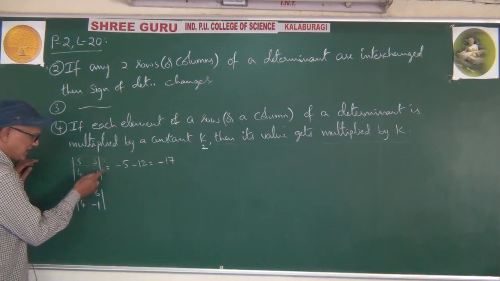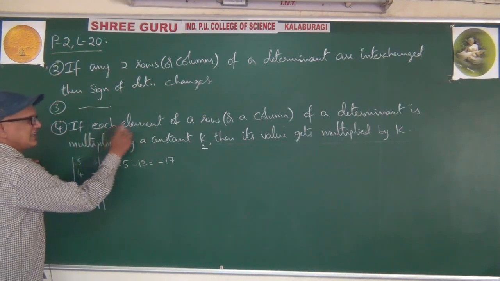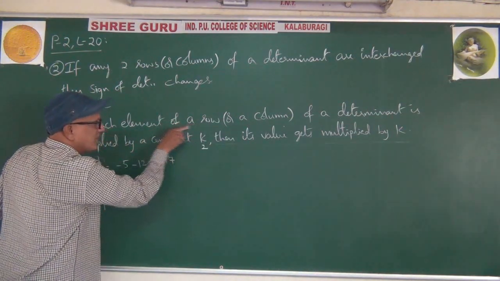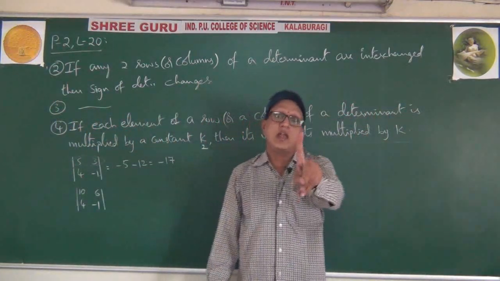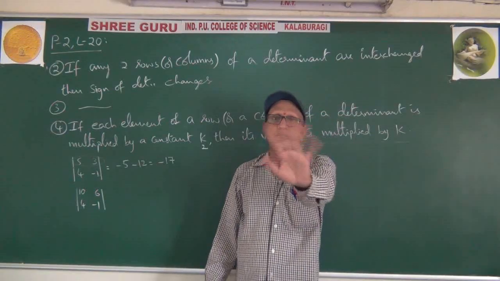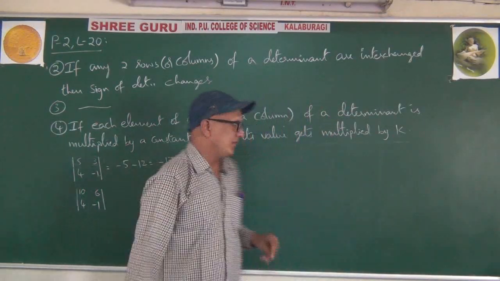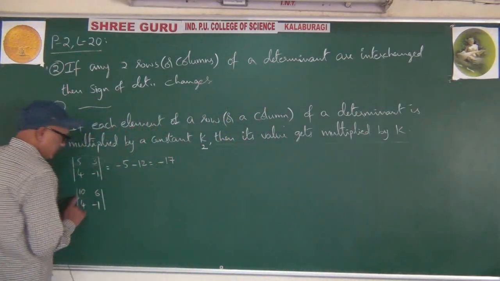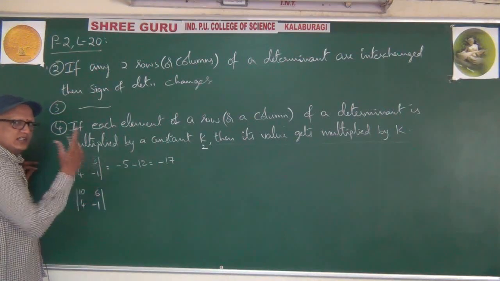Sir, you forgot to multiply these elements with 2. No. If each element of a row means any row, only one row, any row, not all rows, only one row. Either this one or this one, that is your wish.